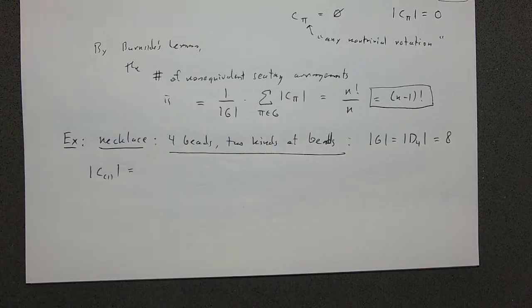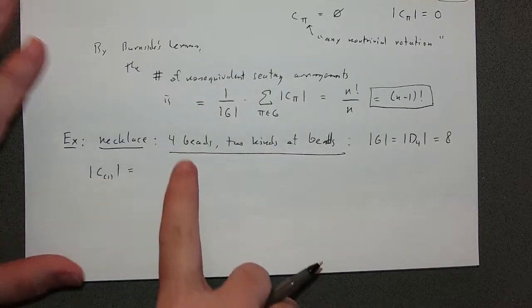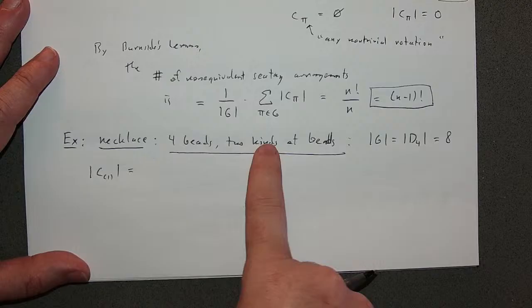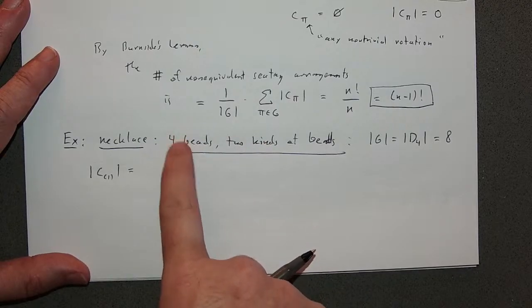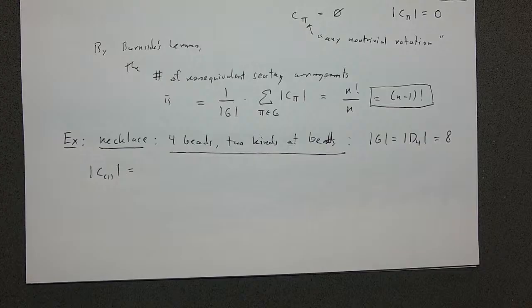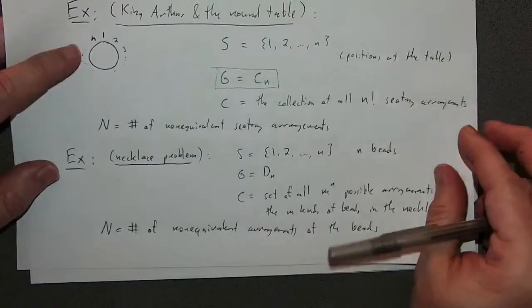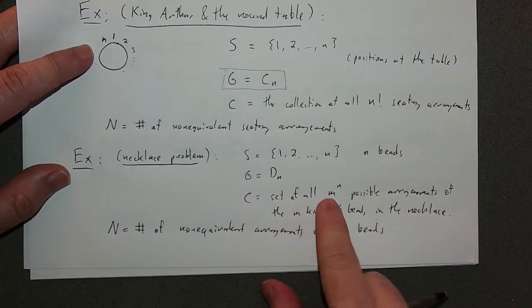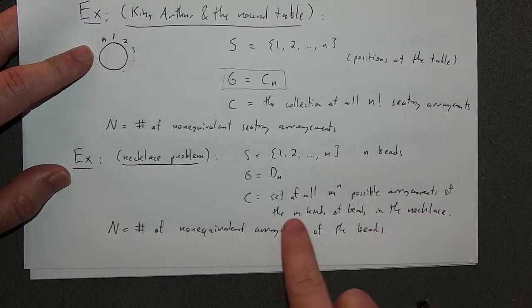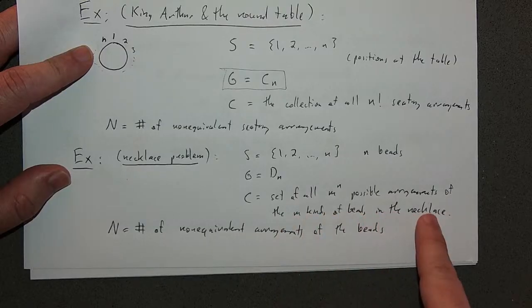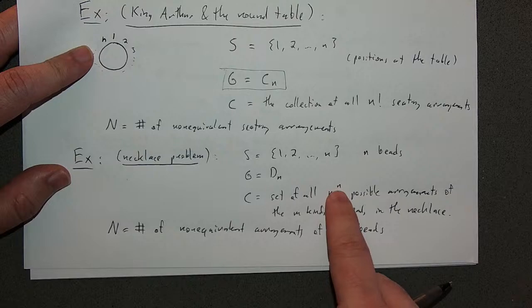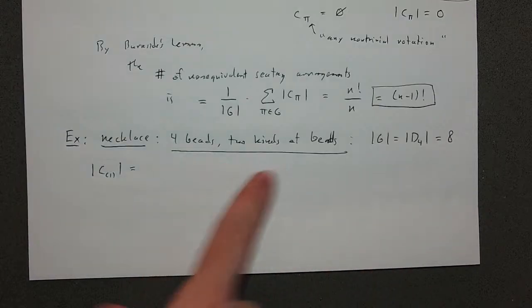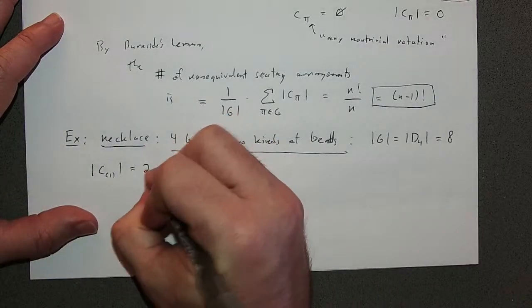Well, how many colorings do I have total? 4 beads, 2 kinds of beads. The total possible number of colorings would be 2 to the 4. Remember, C is the set of all m to the n possible arrangements of the m kinds of beads in the necklace. So m kinds of beads, so 2 to the 4 because there's 4 beads, right? So this is 2 to the 4 or 16.